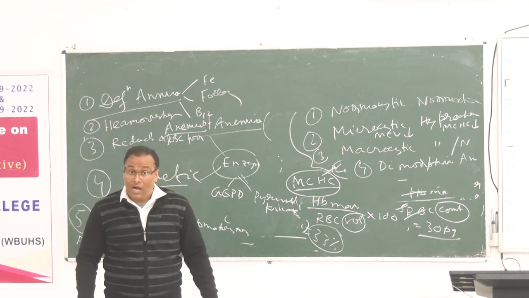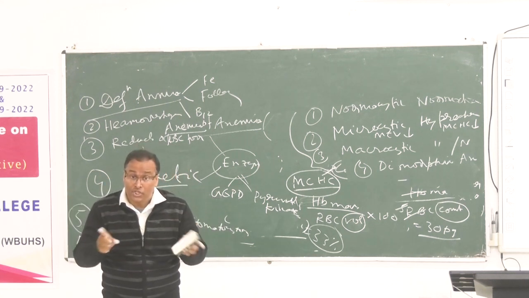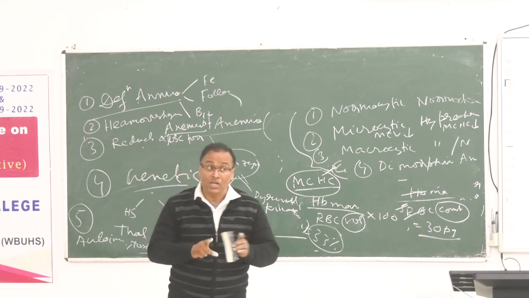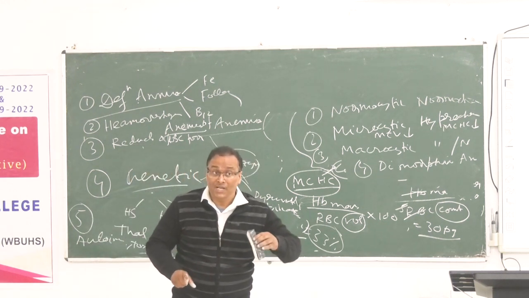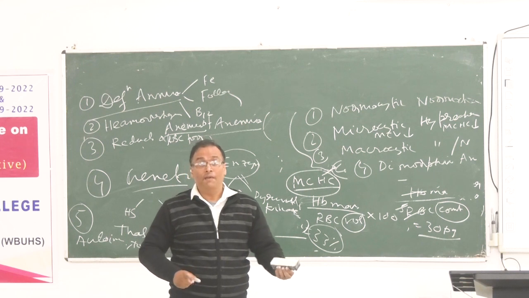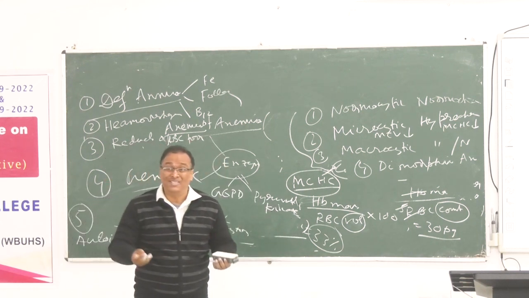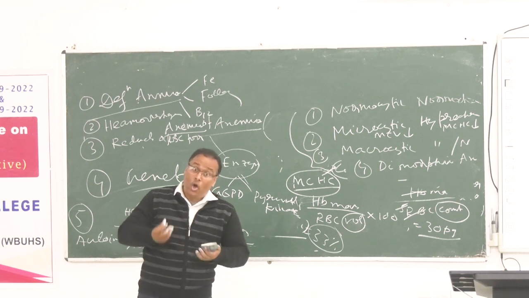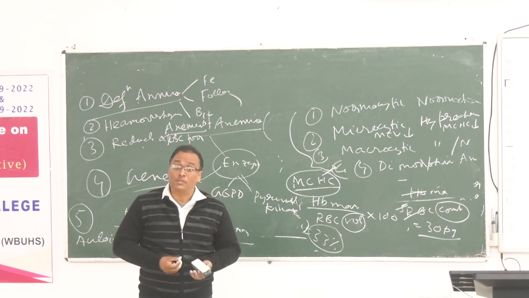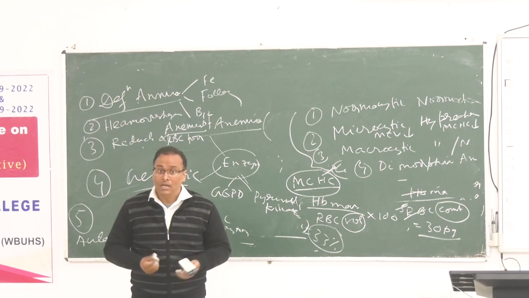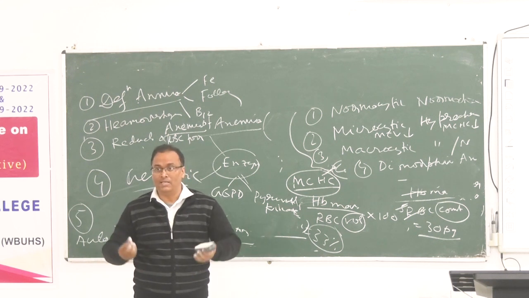That means I have to think clinically and cross-check whether we are dealing with a patient with thalassemia or with iron deficiency. If there is splenomegaly, suppose after 6 months the spleen and liver are enlarged, pallor is there, jaundice is there, and hemolysis is going on, then we suspect thalassemia.